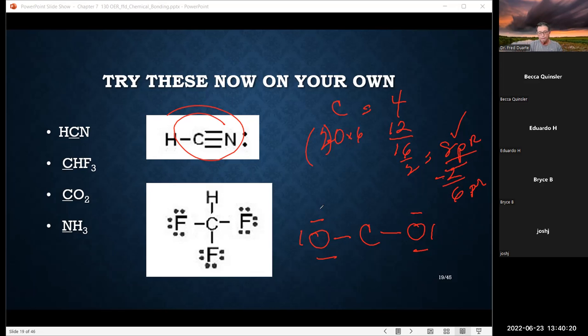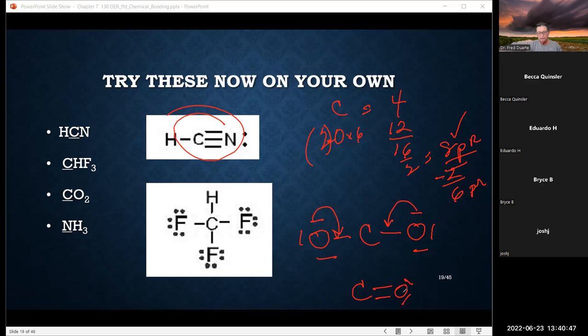Now, the nice thing about this setup is that both oxygens each have extra electrons, so we can take 1 pair from 1 oxygen and 1 pair from the second oxygen, and create a double bond, resulting in this structure where we've got carbon double bonded to oxygen on the right side.